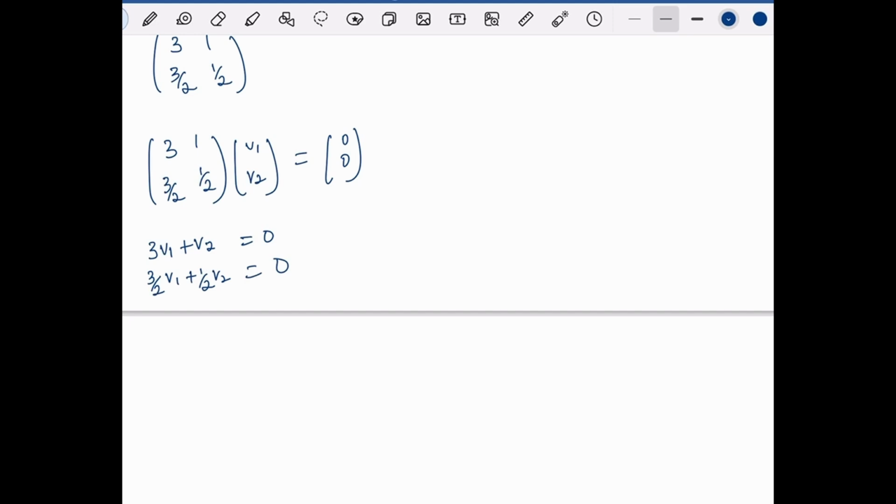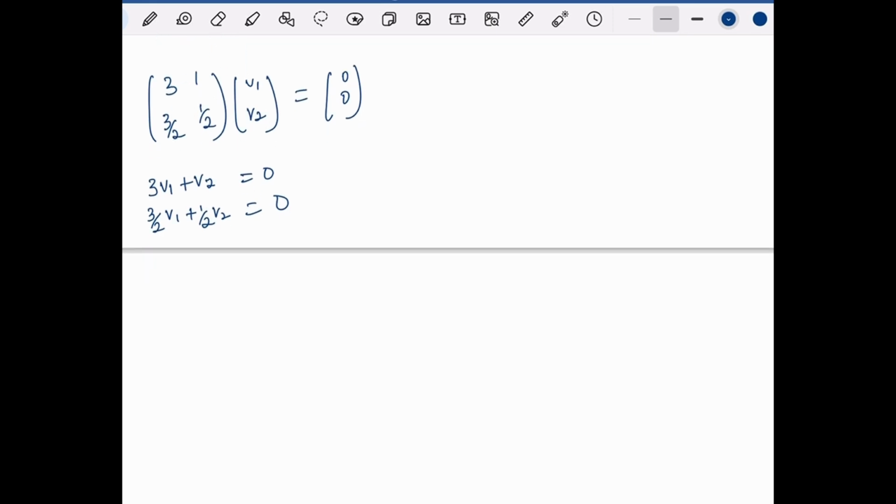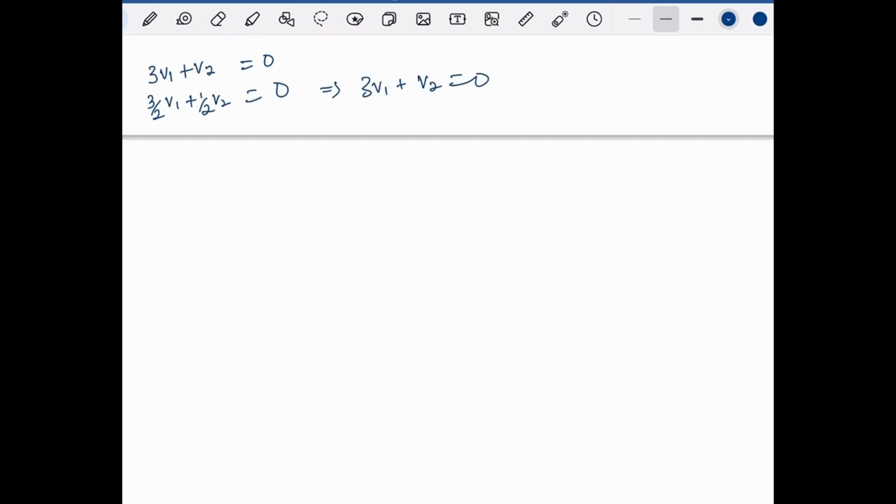Now here we can multiply through equation 2 by 2, so that we are going to have just 3v1 plus v2 equals 0. Note that equation 1 is the same as equation 2. So we just pick one of them, then we solve. Equation 1 gives us v2 equals minus 3v1.